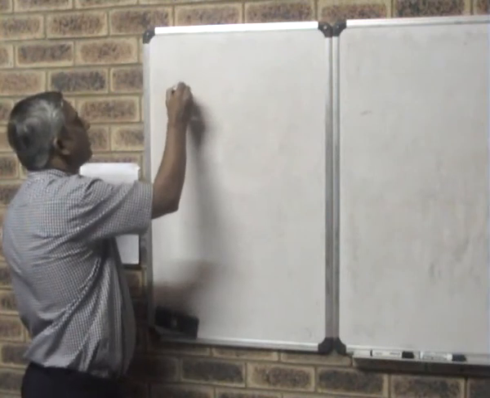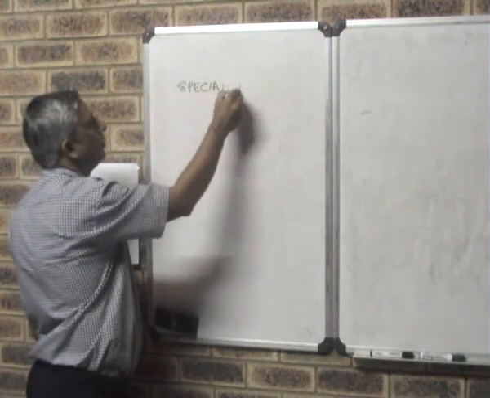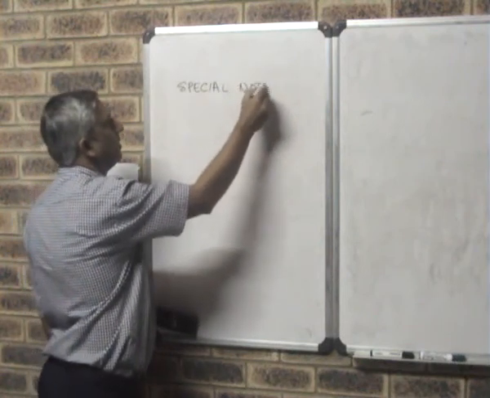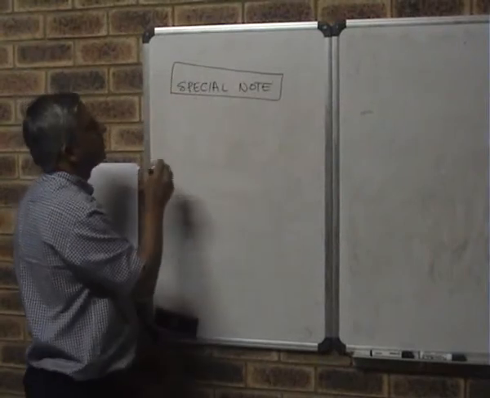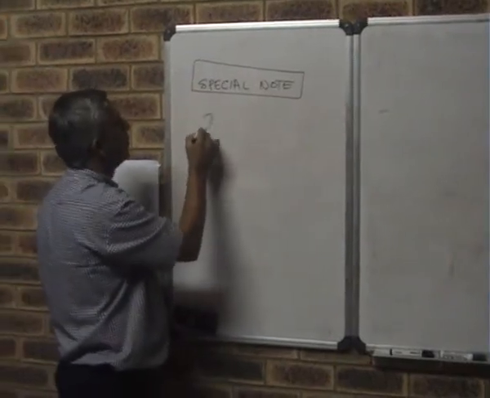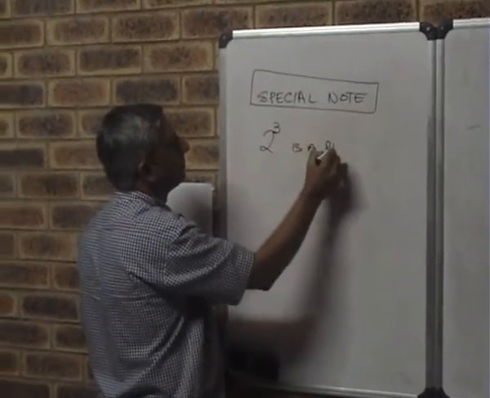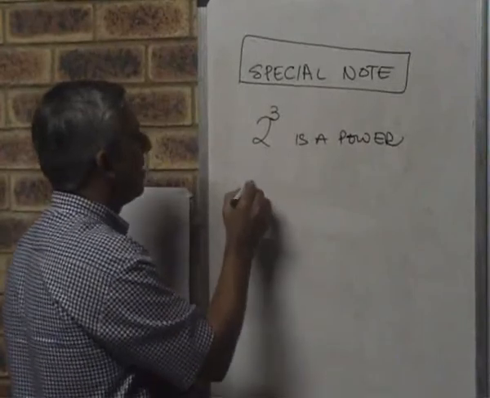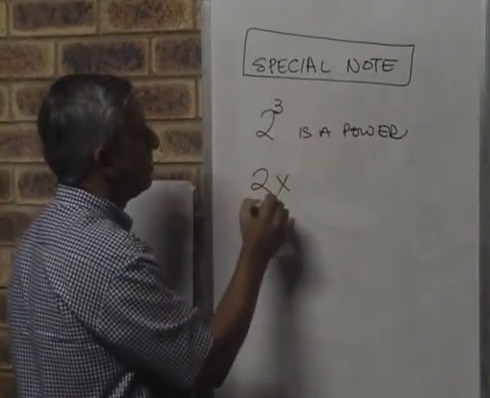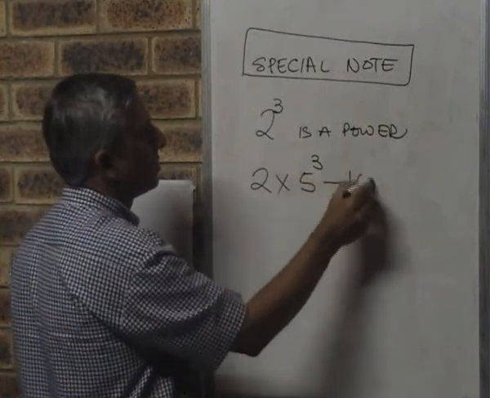Alright, now I want you to take special note of the following rule. It also involves BODMAS. Sometimes you get powers. 2 cubed is a power. So you can get a question like this. 2 times 5 cubed minus 10.